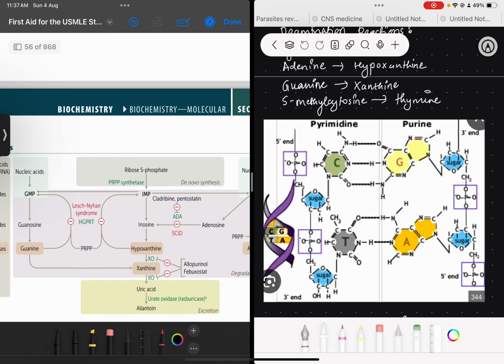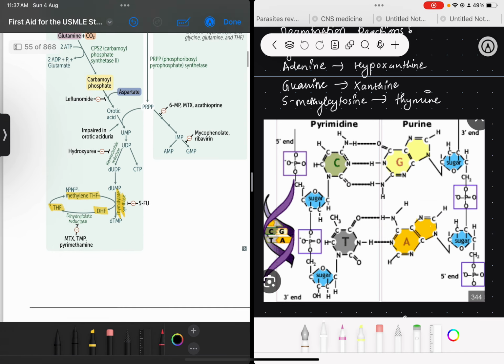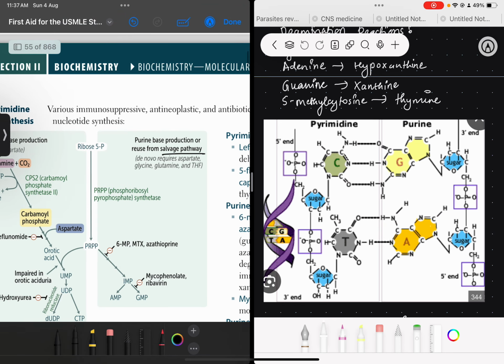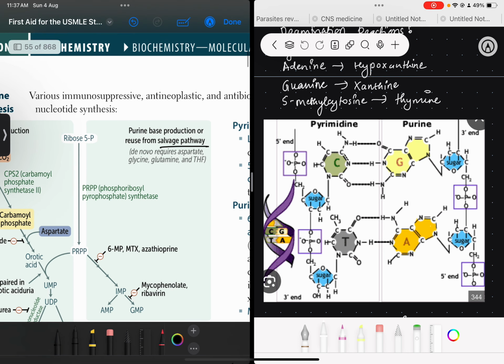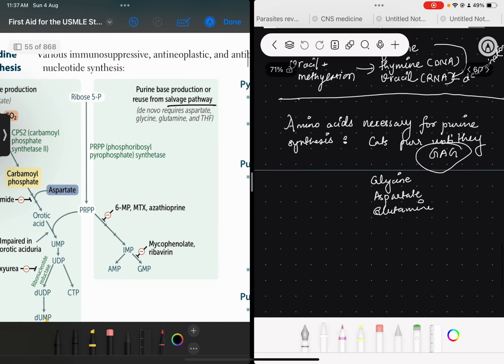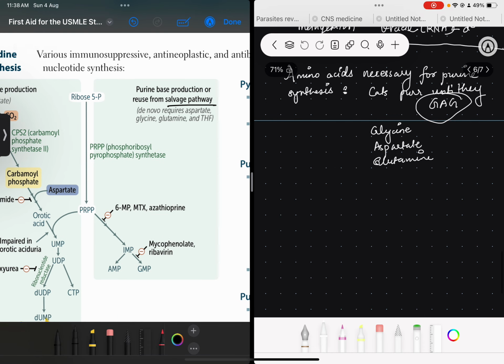So now first let's discuss the de novo synthesis pathway. First the purine. Purine de novo synthesis is very lengthy and very hard to remember. That's why they haven't given the particular steps.